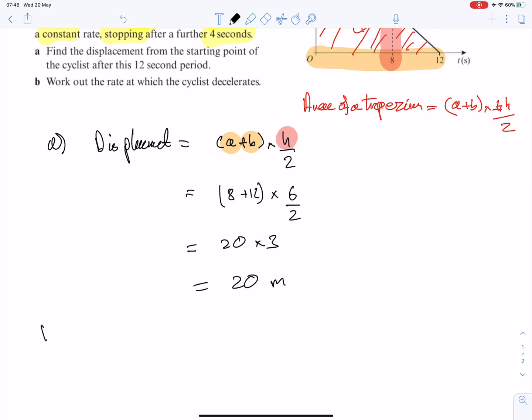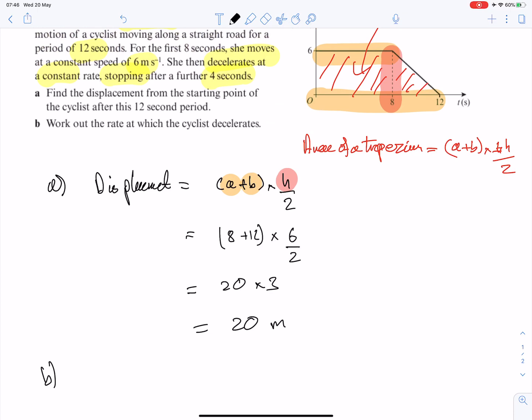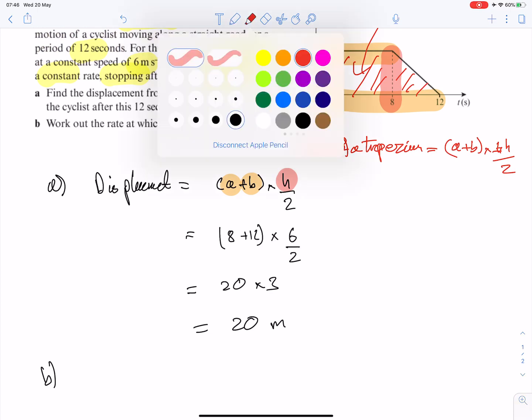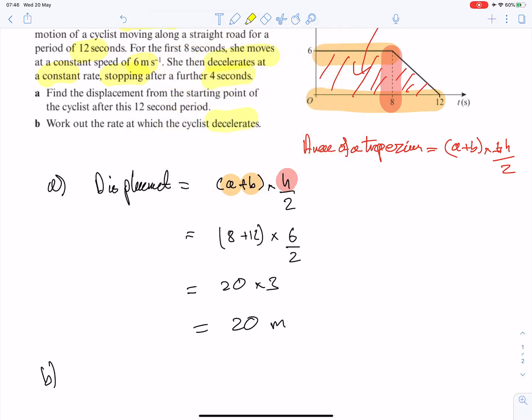Part B. The rate at which the cyclist decelerates. All right?